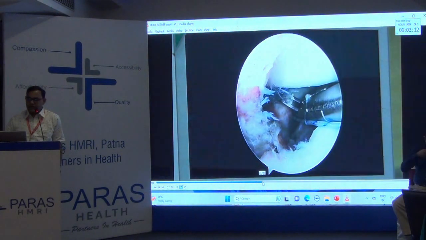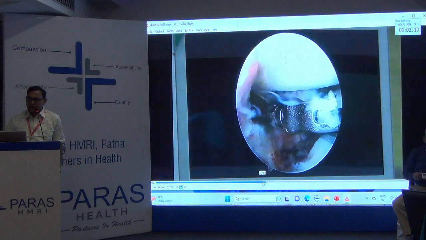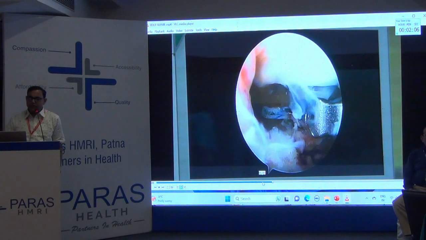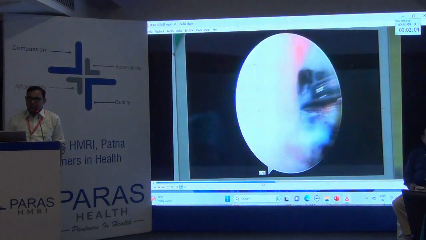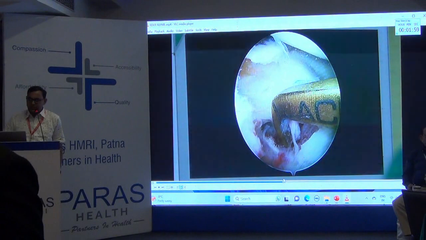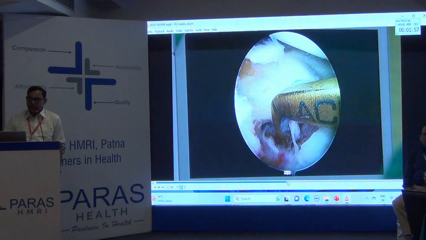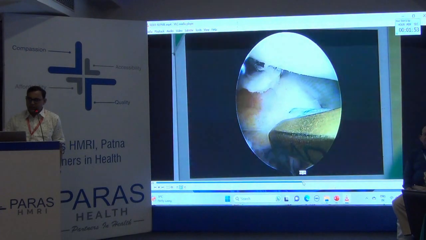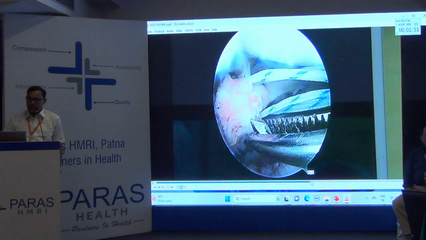After that you have to take a bite, using either the Scorpion or any other suture shuttle device. Then the tibial tunnel at the footprint is made.